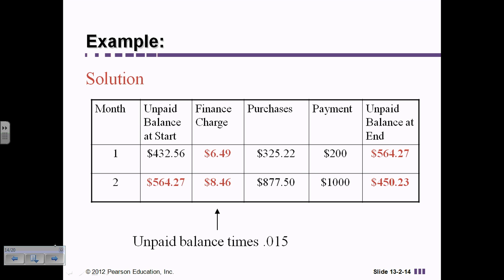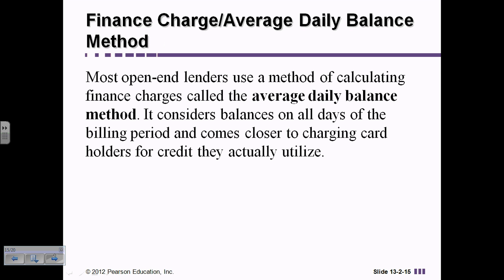The other type of problem is what we call an average daily balance. Typically these are used for open-end lending. If it's a 30-day billing cycle, they will look at the balance every single day, and they will calculate the interest every single day.